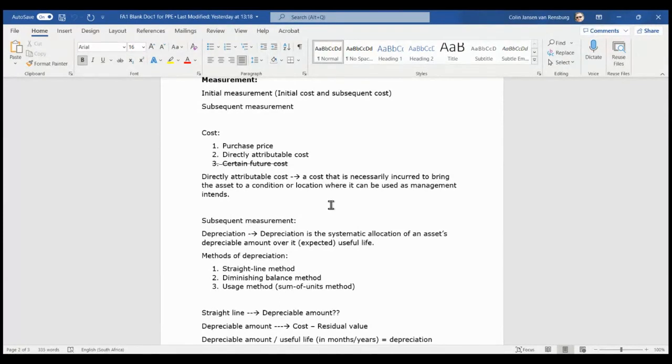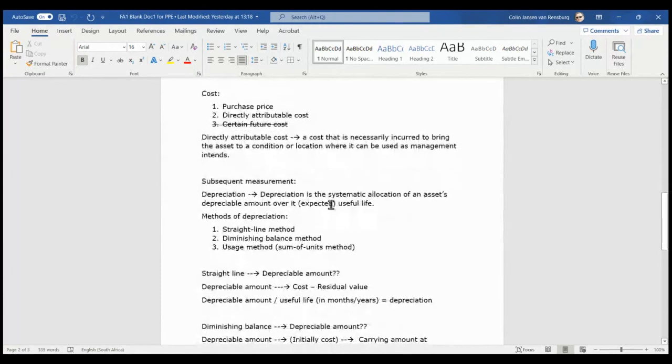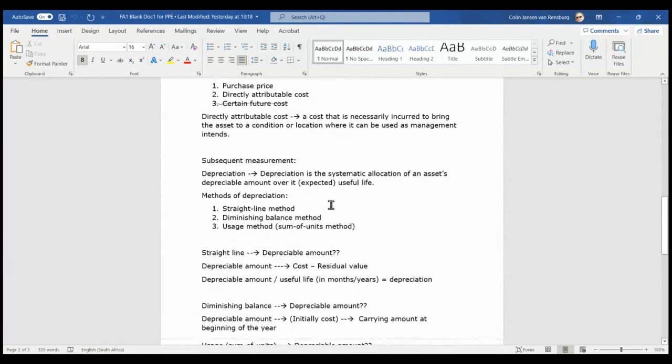Then, as we've said already, ladies and gentlemen, when it comes to subsequent measurement, that is when depreciation comes into play. And here we've got the definition that comes from IAS 16. What is depreciation? And I think that's in your notes as well, so I'm just repeating it here. Depreciation is the systematic allocation. In other words, there's got to be a system that you apply to allocate the asset's depreciable amount over its useful life.